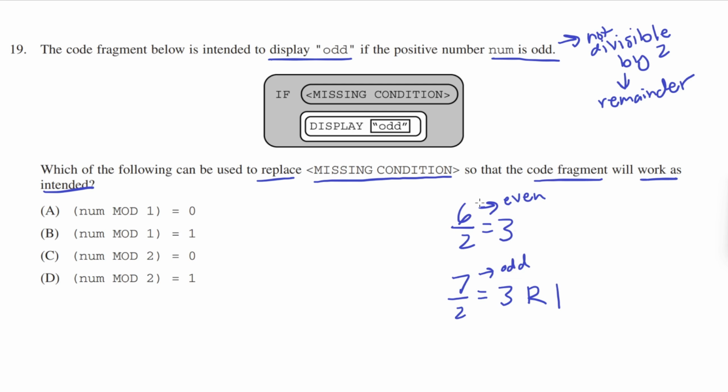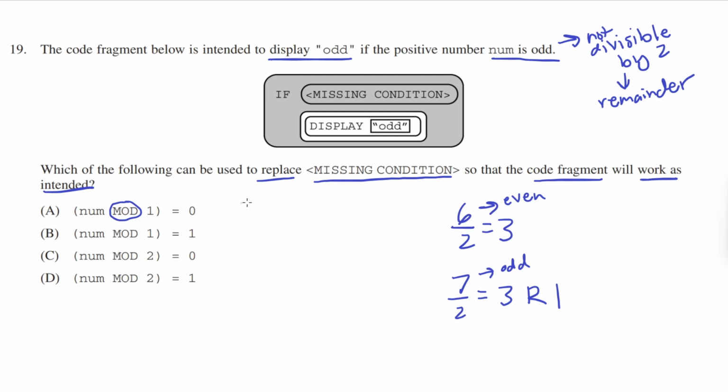So using this knowledge about how even and odd numbers work, we can replace the missing condition so that this display odd is only run when the number num is odd. If we look at answer choice A, it says we should replace missing condition with num modulus 1 equals 0. Modulus really just says find the remainder when you divide this term by this term here.